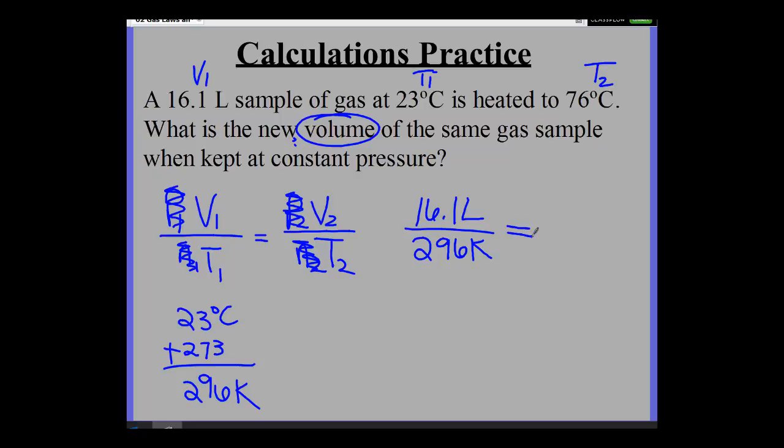So that's equal to V2. That's what we're trying to find. So that's like our X. Over T2. So I also have to change this by adding 273. 388.